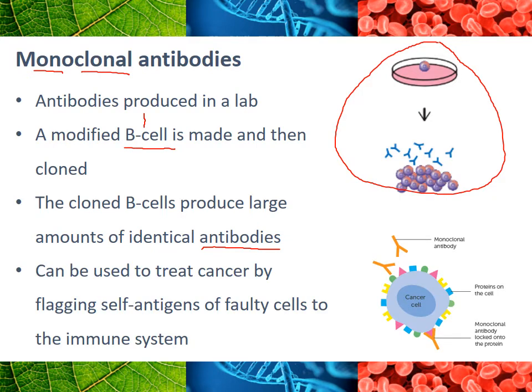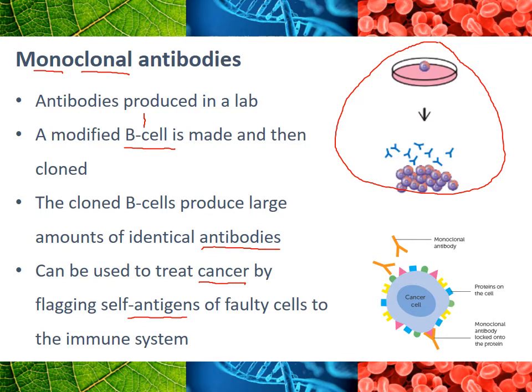This treatment can be used for a few different types of diseases, but what we're going to look at is in the context of cancer. These antibodies can be used to treat cancer by binding with the self-antigens of those cancerous cells, and that flags them to the immune system.